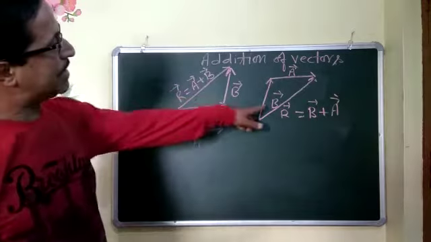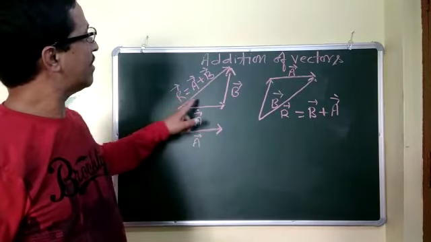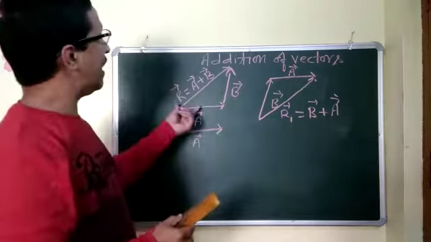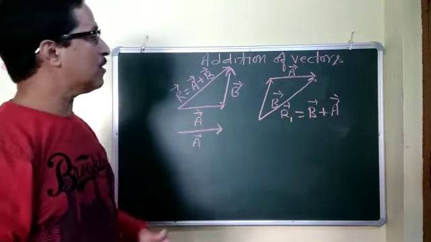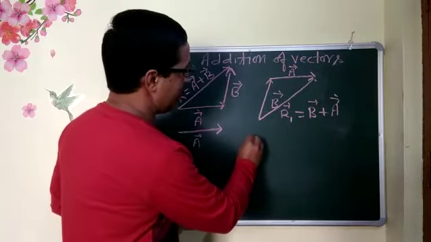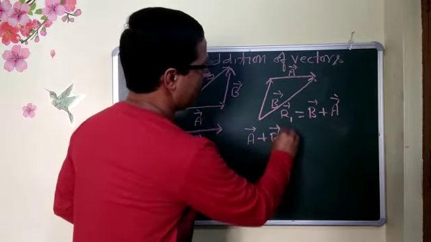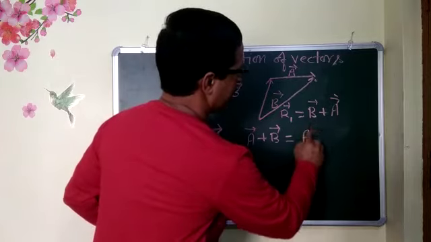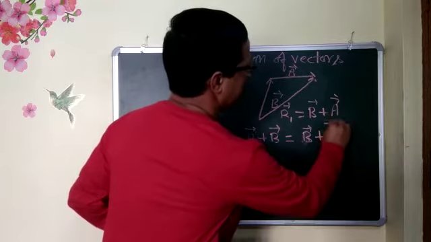From the graph you can see that these two vectors R and call it R1, they are equal. So what do we conclude? It means that the vector addition follows the commutative law for addition.